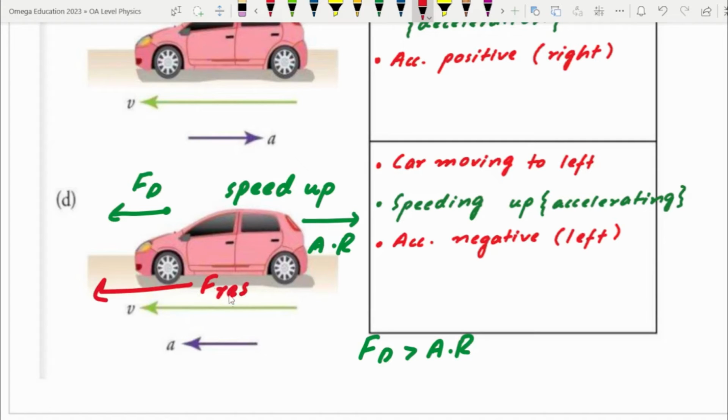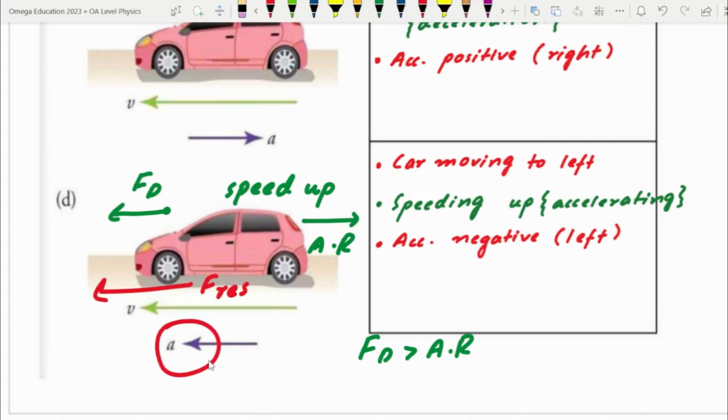So whatever the direction of resultant force is, the same would be the direction of acceleration, even if it were not given over here. So if the acceleration is towards the left side, we call it negative acceleration, because the acceleration is on the left side.